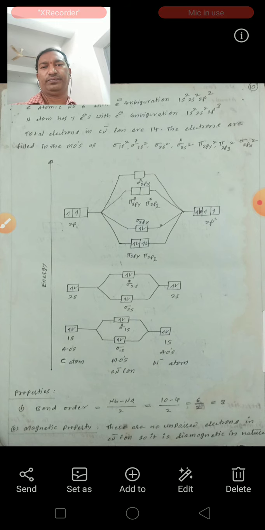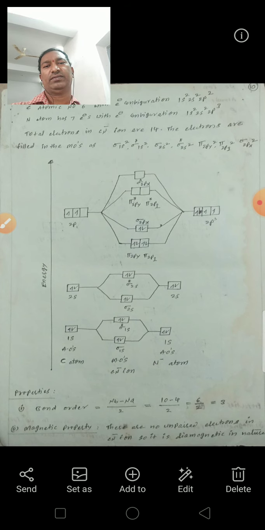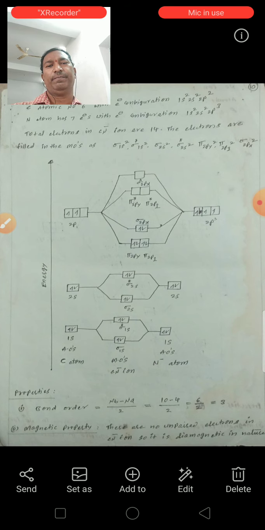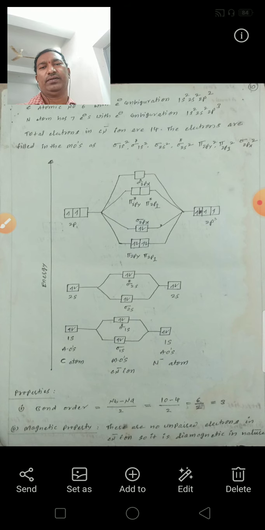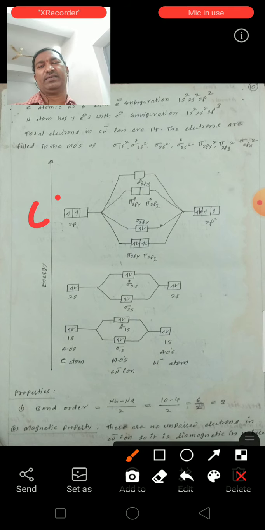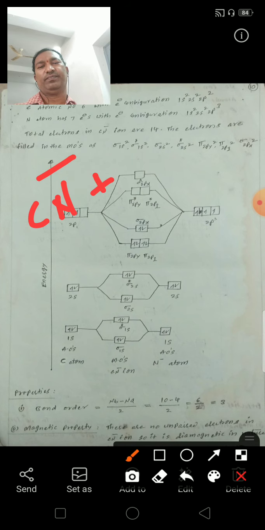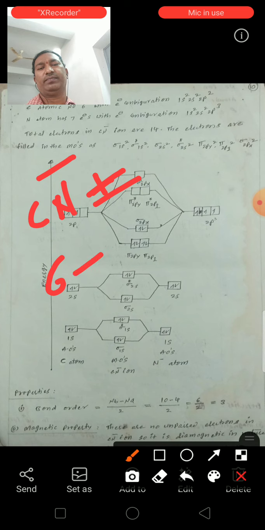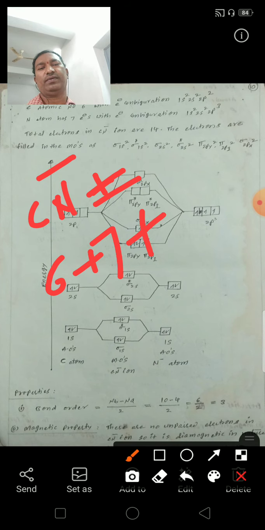Next, the nitrogen atom has 7 electrons, with electronic configuration 1s2, 2s2, 2p3. So the total number of electrons in CN minus is equal to 6 electrons from carbon, 7 electrons from nitrogen, 1 electron from the minus charge.